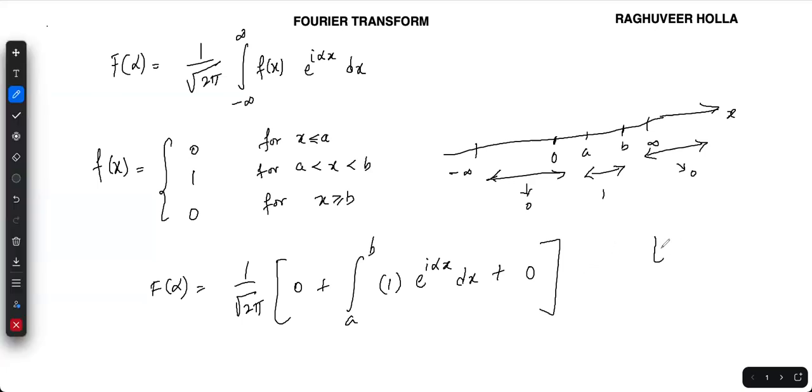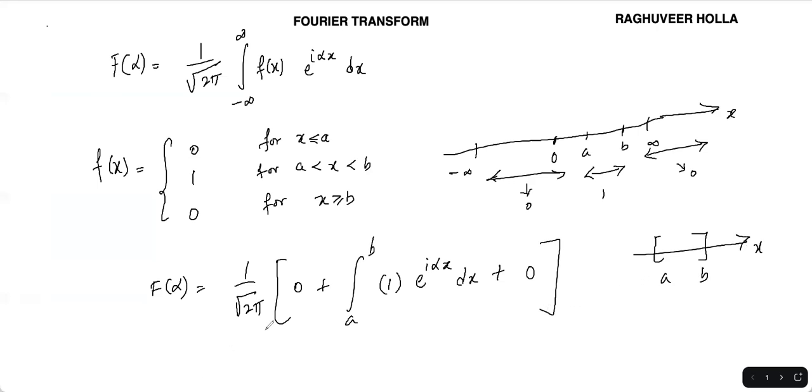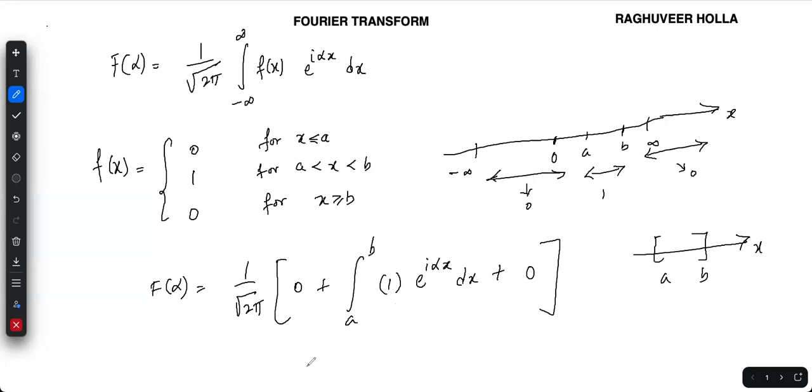So between a and b, if you integrate it, you get 1 by root 2 pi.